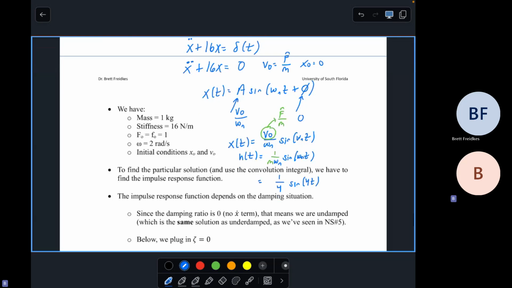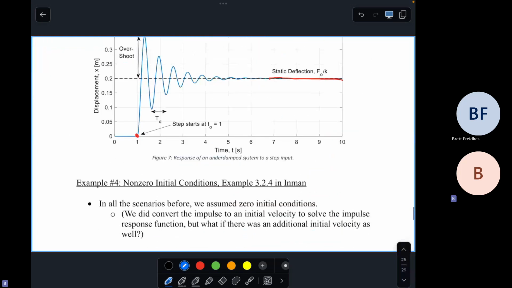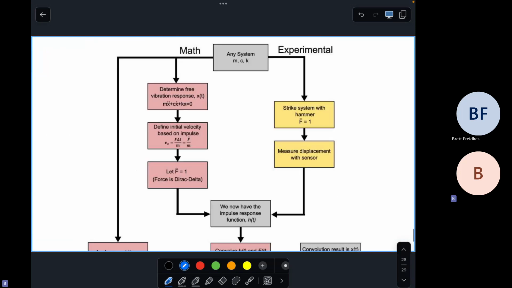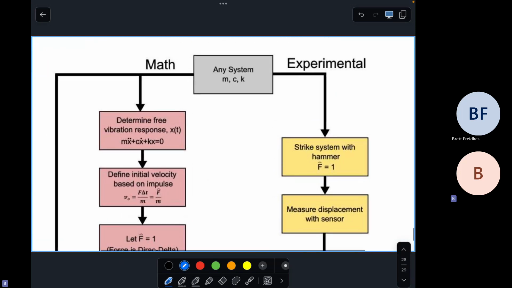This is in note set 12. This is the last example in the note set, example number 4. But just to summarize this whole concept, I give you some system. So I give you some mass attached to a spring and a damper.